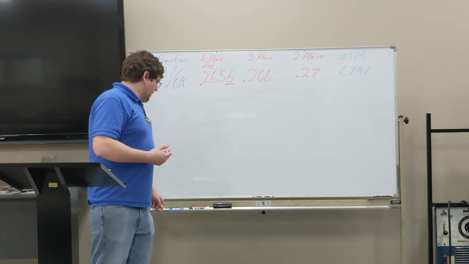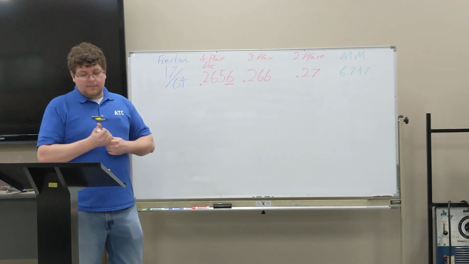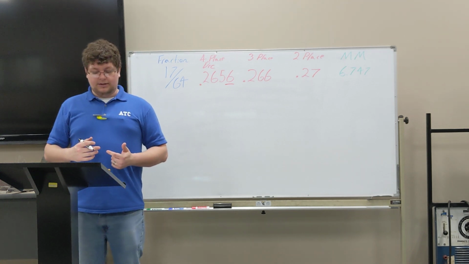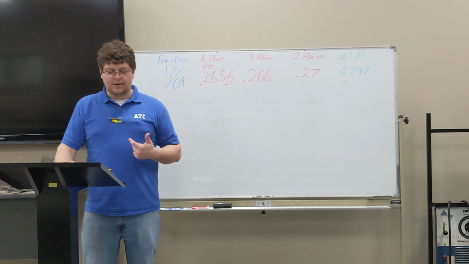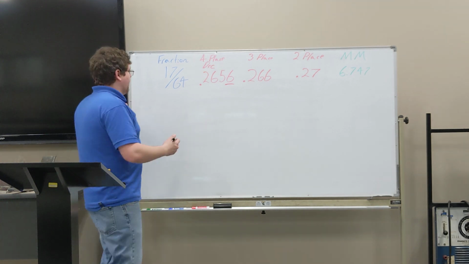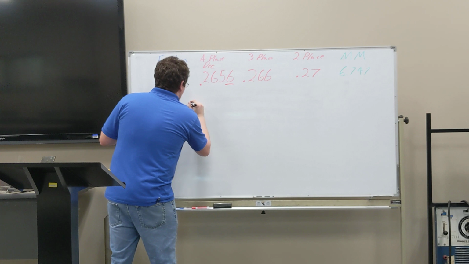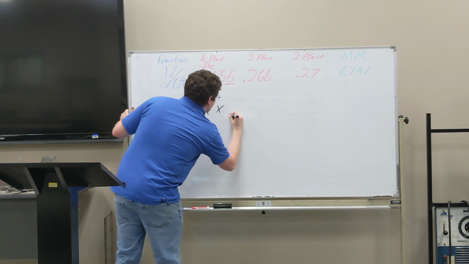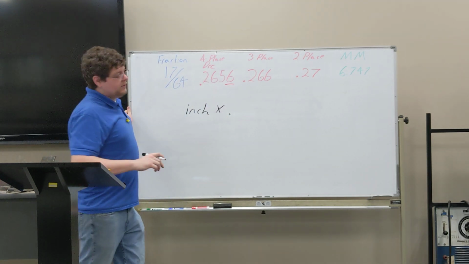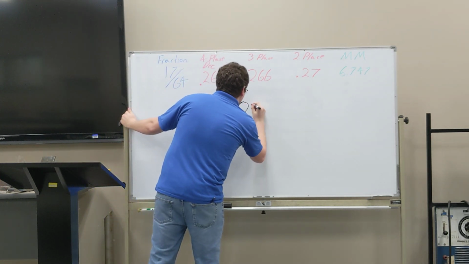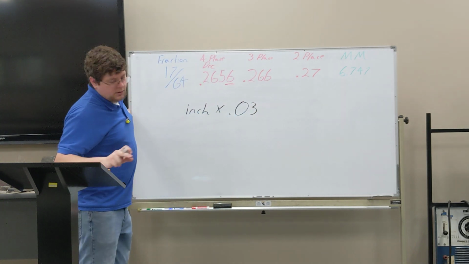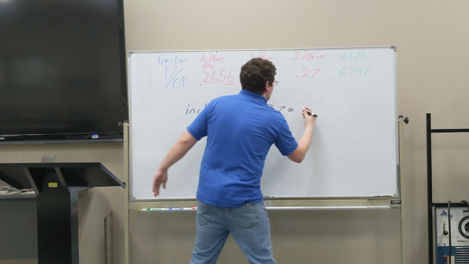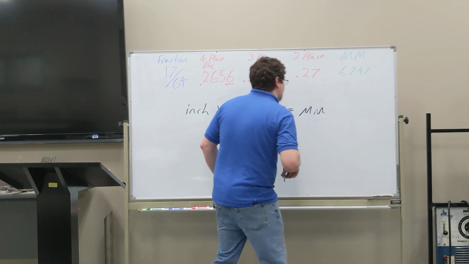Another way to do metric, if you're trying to convert something over, is by multiplying it. So let's say you just need to find an answer: whatever inch you have times 0.03937, and that will give you millimeters.